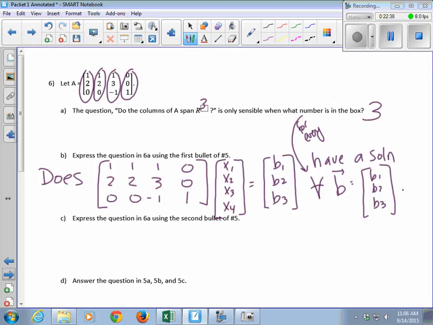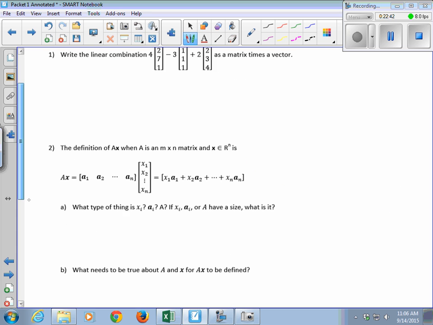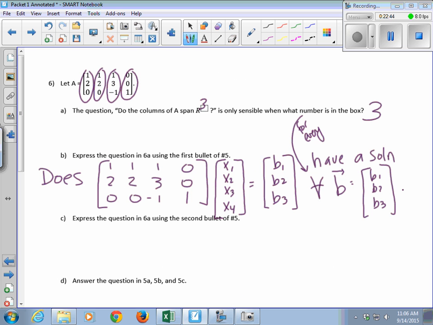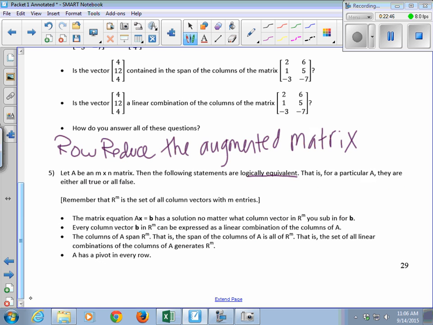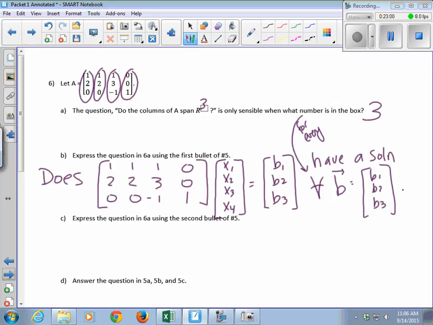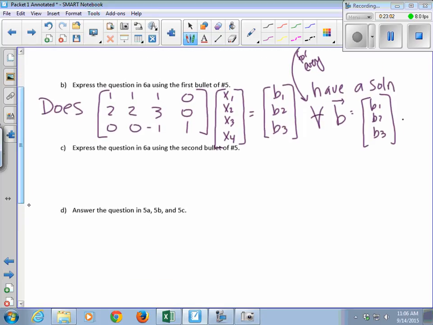All right, so now I'm going to express the same question using the second bullet. The second bullet was every column vector B can be expressed as a linear combination of the columns of A. So I'm going to take a linear combination of the columns of A. That means put some weights on them, add them together.